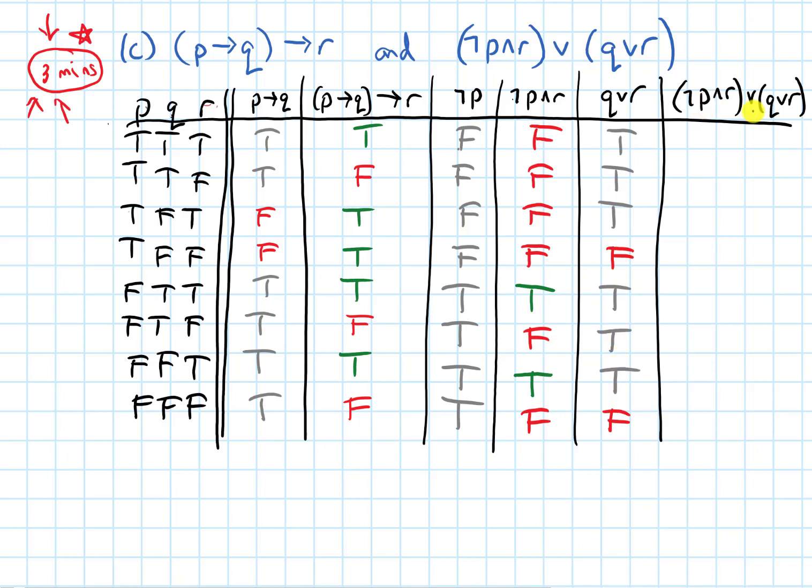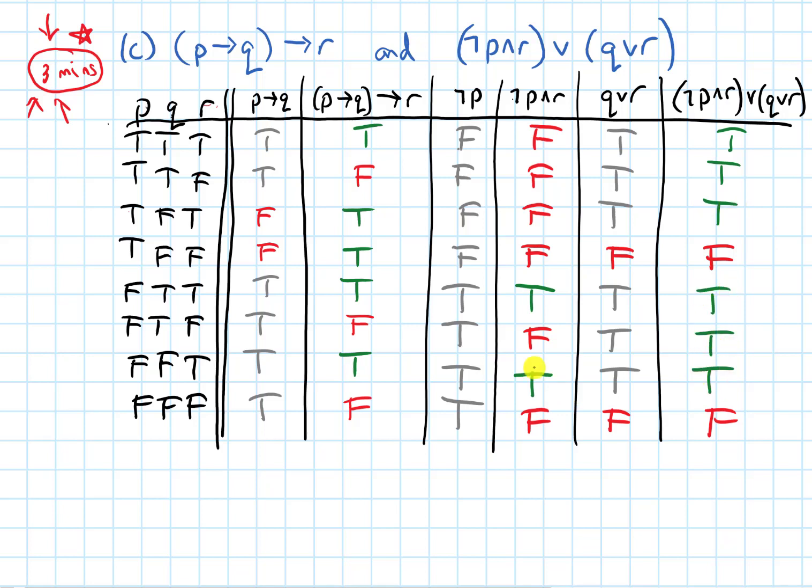Okay, so now I have to form an OR statement with these previous two columns. And for an OR statement, it's only going to be false if both of these parts are false. So that happens here, as well as here. In all the other rows, at least one of the values is true, which will make the whole OR statement true. So let's put some trues in those.